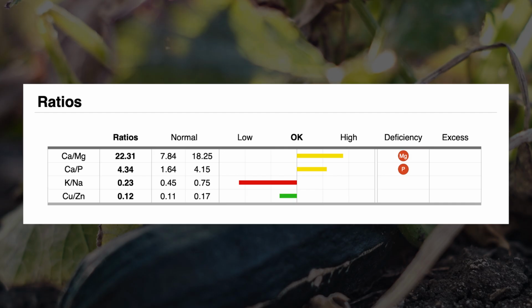This is a pretty common profile that I see here, that people are magnesium deficient, so the calcium magnesium ratio is high. People are phosphorus deficient relative to calcium, and so that ratio is high. Almost everybody has a low potassium to sodium ratio. It's rare that I see that it is in a good realm. And then I'll talk about the next ratio as we move into trace minerals.